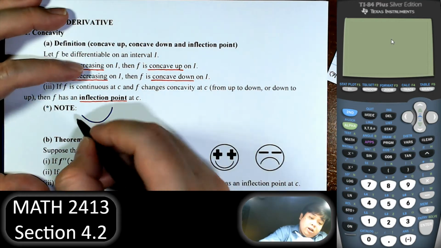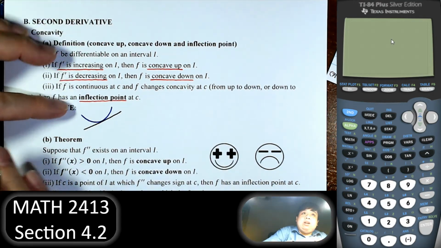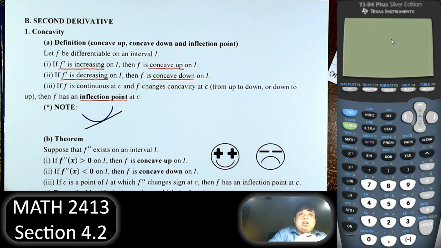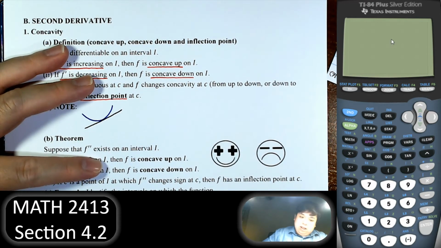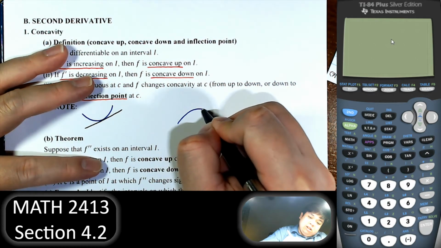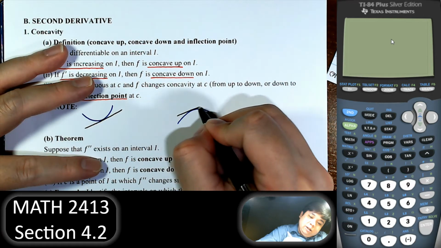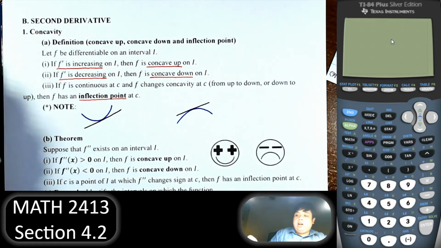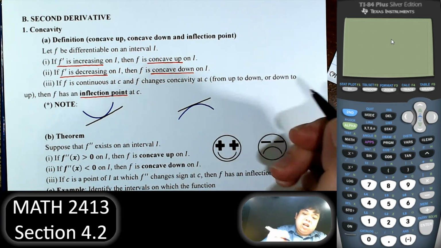I will draw a tangent line. If the graph is above the tangent line, that is concave up. If the function goes like this and I draw a tangent line, and the graph is below the tangent line, that is concave down. So this is the first note here.